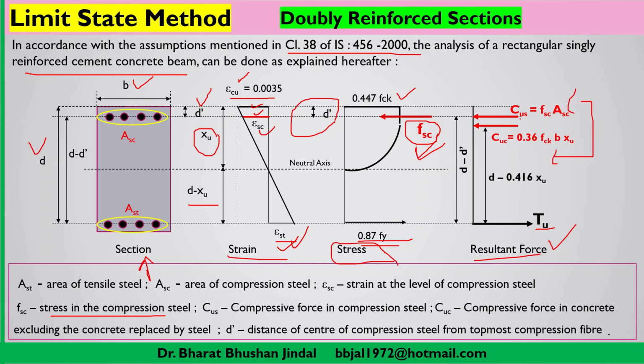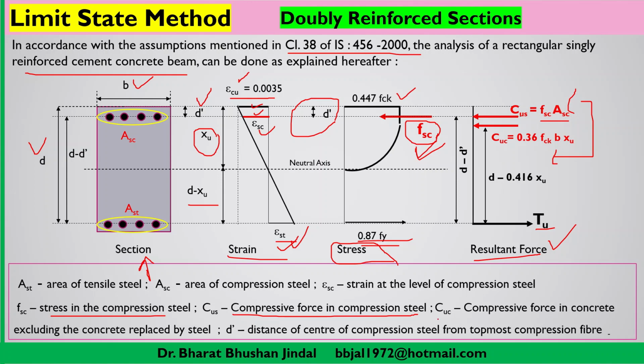One is CUS. What is CUS? CUS is the compressive force in the compression steel, which you can calculate by multiplying FSC with ASC, where FSC is the stress in the steel in compression and ASC is the area of the steel which we have provided in the compression zone.